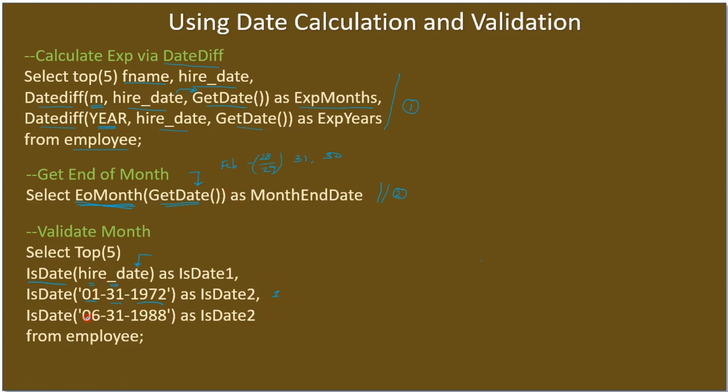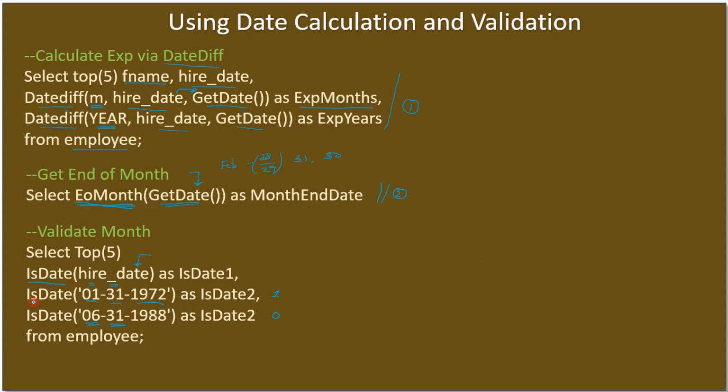Next, if you see, we specify the month of June here, and we specify 31. The day 31 doesn't exist in June. If it is 5, then it's a valid date. But since it is June, the maximum day here is 30, so 31 is invalid, and this will return 0. Suppose you have some characters like 3a 3b, that time also we will get 0 here.